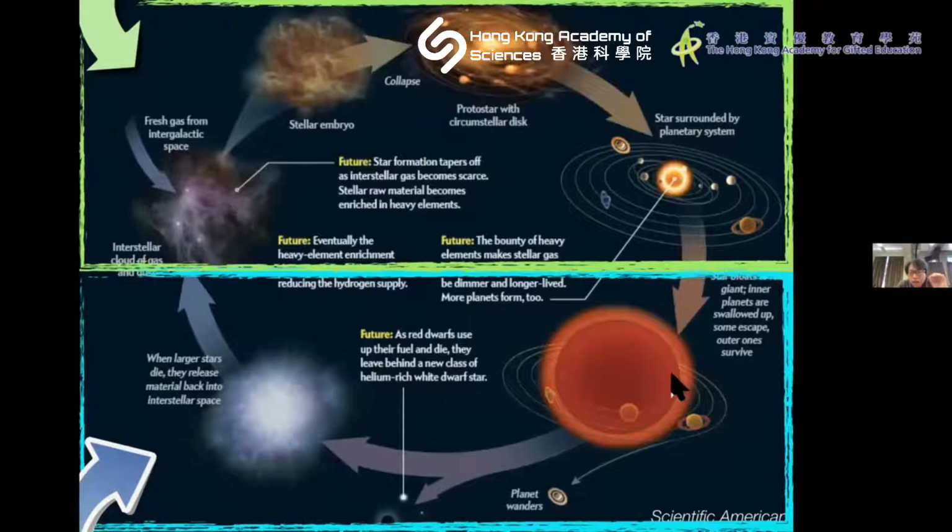But if they are less massive, like our sun, they might die as a white dwarf. But if they are very massive, they can die with an explosion and turn into a neutron star or black hole. Right?